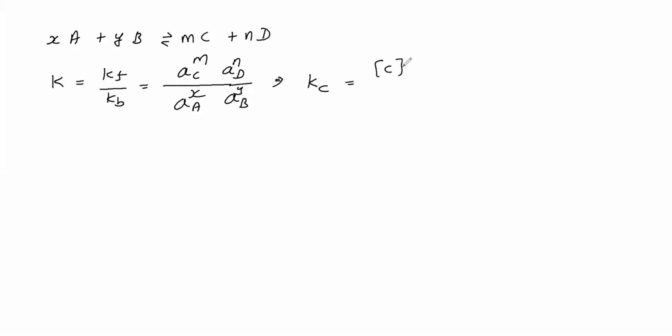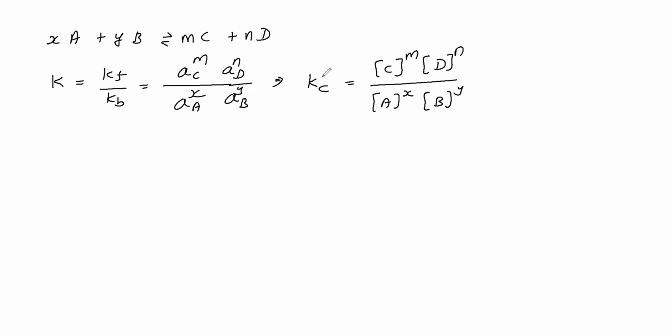So concentration of C power m, concentration of D power n, by concentration of A power x, concentration of B power y. So Kc is equal to so and so.